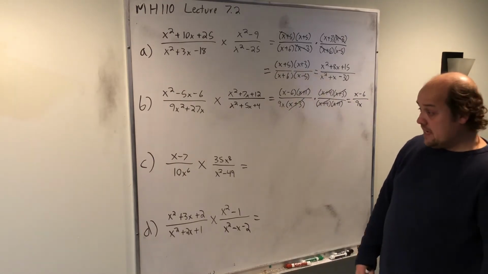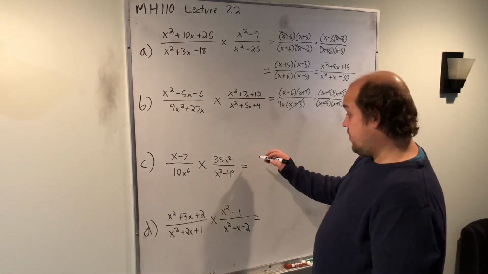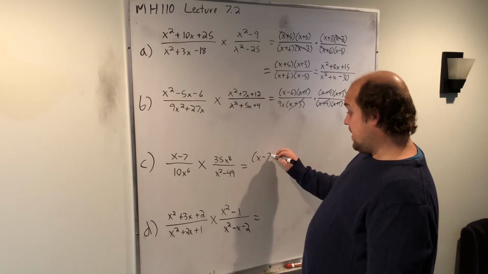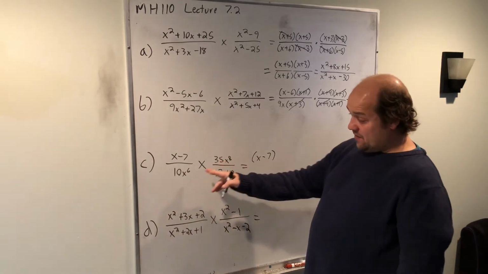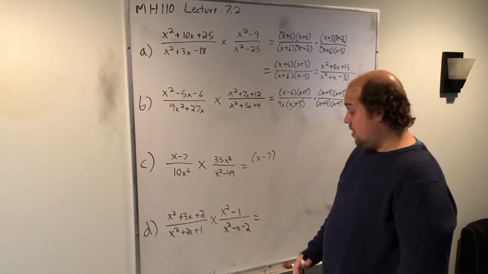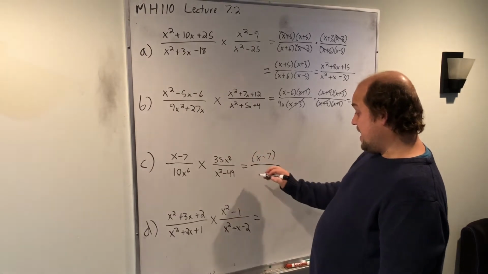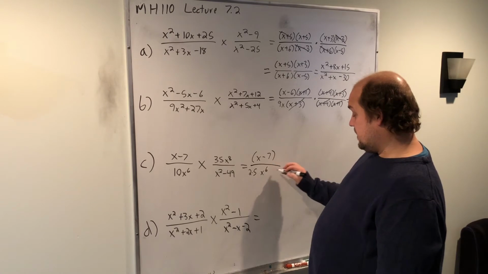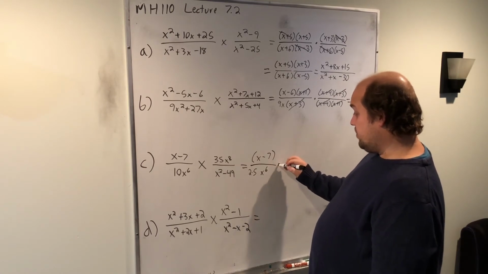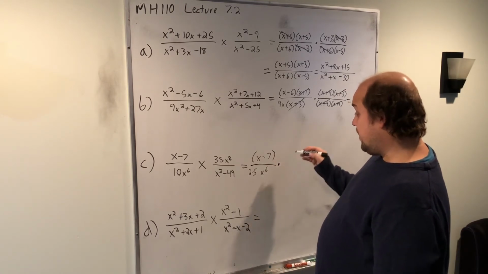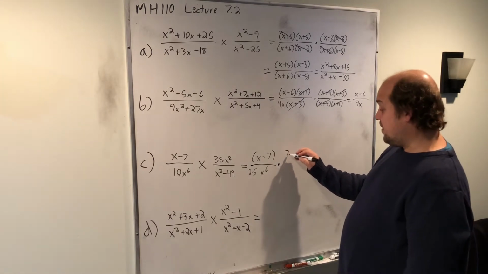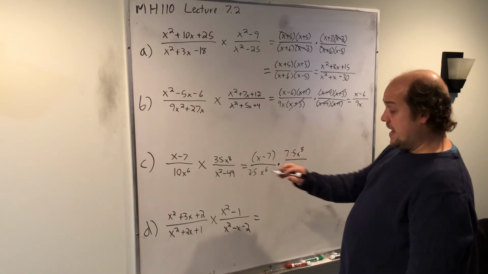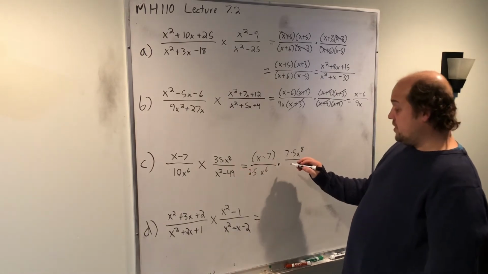In part C, I can't really factor x minus 7 any further, so I'm just going to leave it as x minus 7. Because I see I've got a 35 here and a 10 here, I'm going to change this from a 10 to 2 times 5, x to the 6th. This is now being multiplied by, on top, 35, which I'm going to change to 7 times 5, x to the 8th, divided by x squared minus 49, which is a difference of squares.